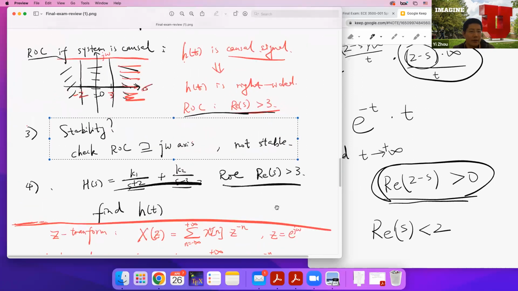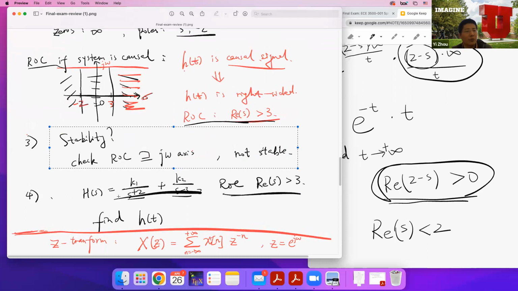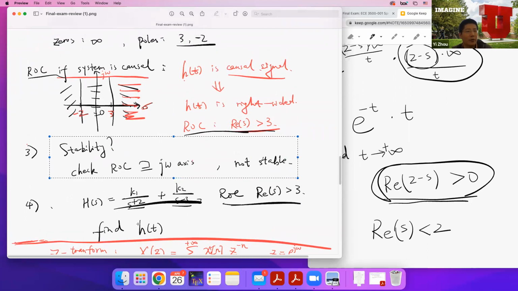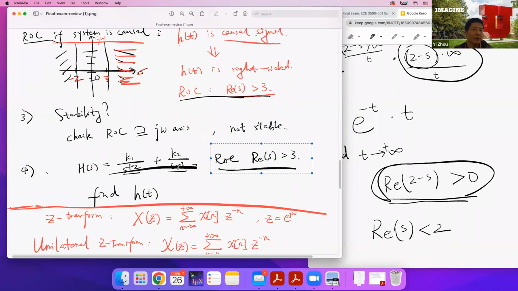Okay. And the last one is to find out the corresponding system impulse response given this frequency response and given this ROC. Now this part is standard, finding out the inverse of the given Laplace transform.